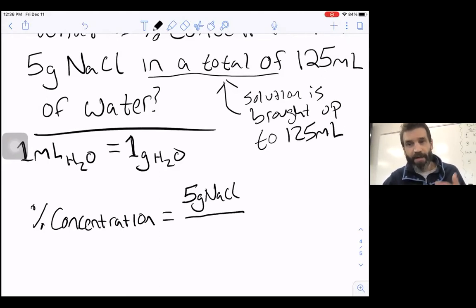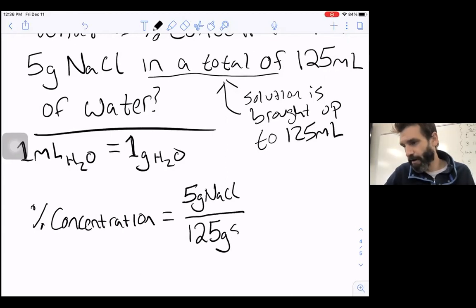It does a little bit, but doesn't change it enough for our purposes. So this is now 125 grams of solution. And then we multiply that by 100%.